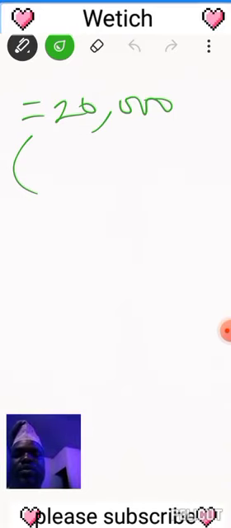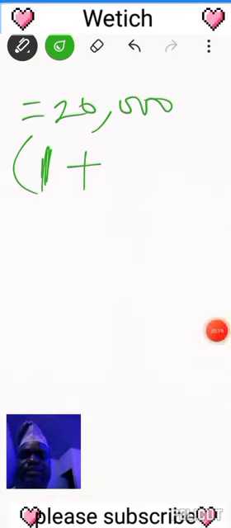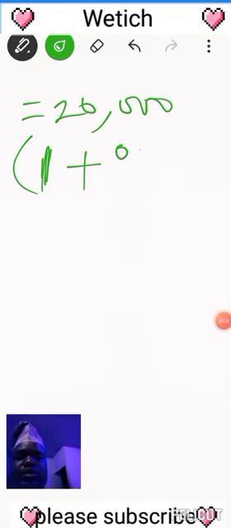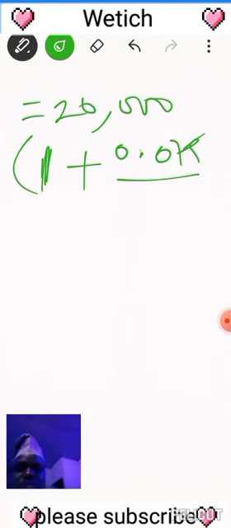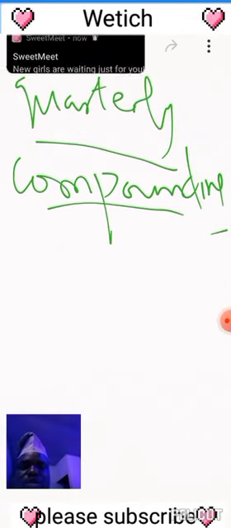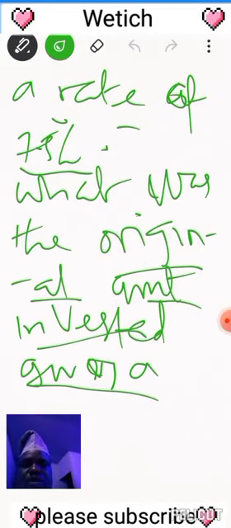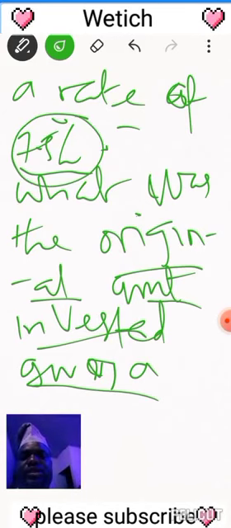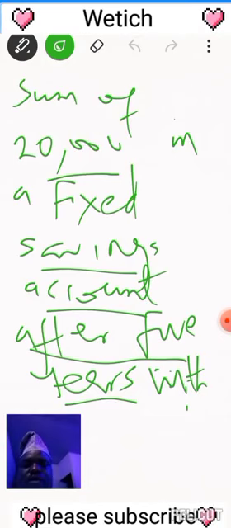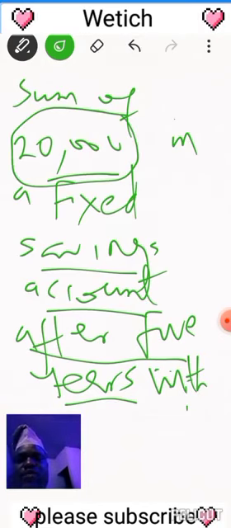Now the bracket has 1 plus the rate, which is 7.5%, that is 0.075, over M. The question told us that 7.5% is the rate, and this is the future value of the amount after 5 years.